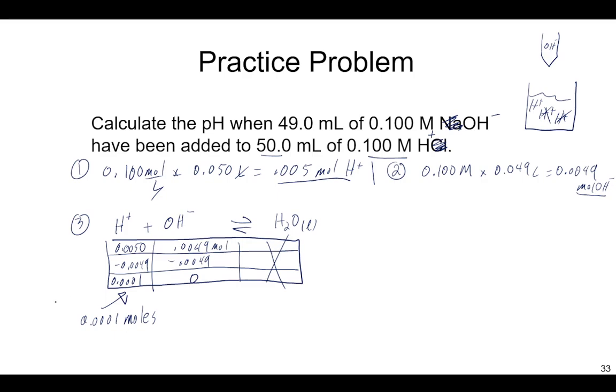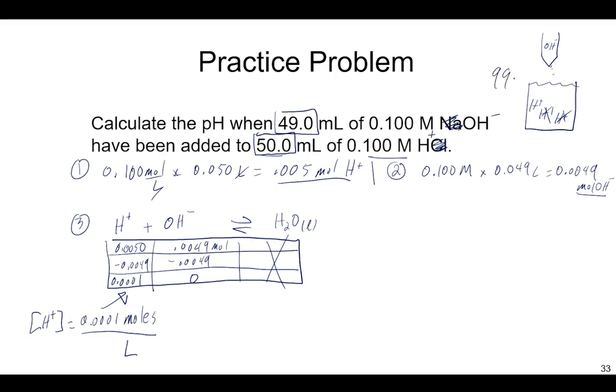Okay, because we're going to have to take these moles of acid and determine the concentration, which is divided by some total liters. So now I need to worry about what is the total liters here, because I've dropped in 49 mils, and now the solution is not the original 50 mils, it's higher.